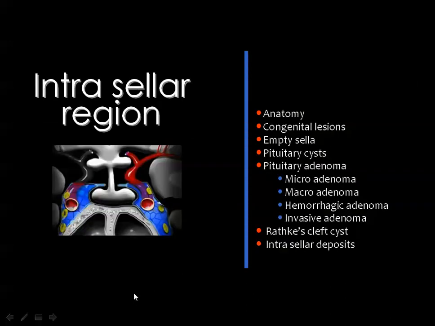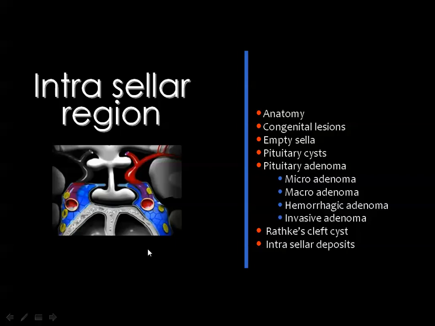Then, as I have mentioned, we will deal with the pituitary sellar imaging from three anatomic regions. The lesions occurring inside the pituitary fossa, lesions above the pituitary fossa occurring in the suprasellar area, and lesions occurring on either side of the pituitary fossa that are involving the region of the cavernous sinus.